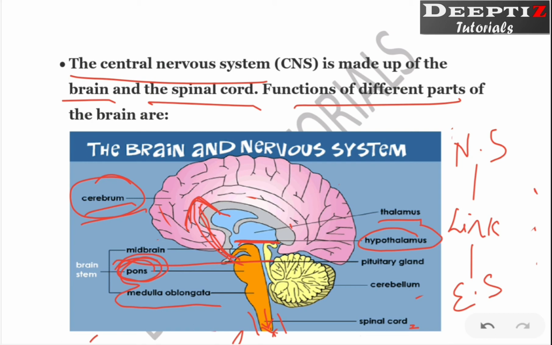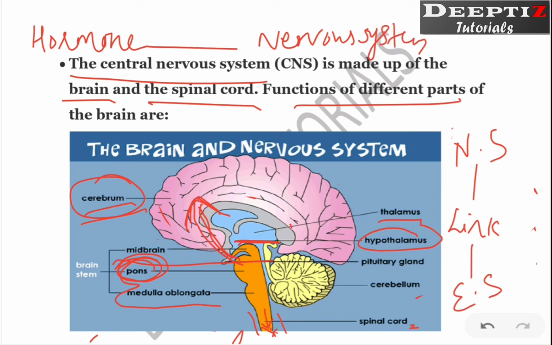Endocrine system is the hormonal system, which means there is a coordination between hormones and the nervous system. The hormonal system, that is the endocrine system, and the nervous system are connected by the hypothalamus. That is the function of the hypothalamus.